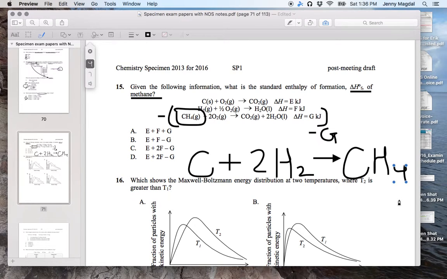There we go. So that's the target equation that I'm looking for.